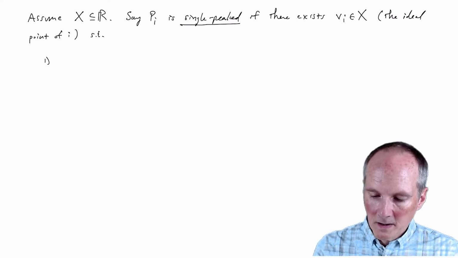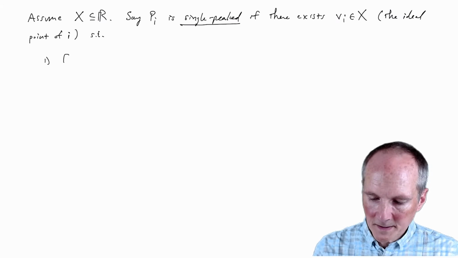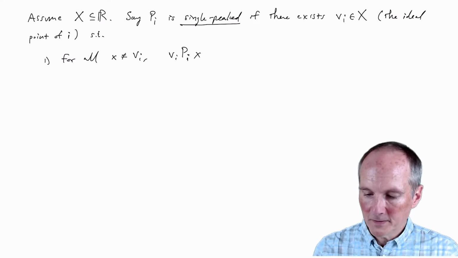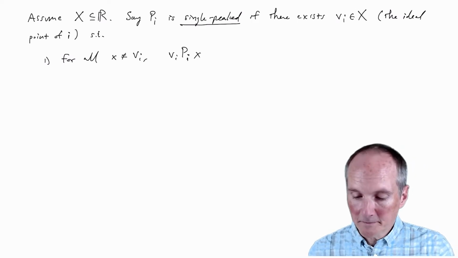One is that v_i is strictly preferred to any alternative not equal to it. It just means it's better than every other alternative.